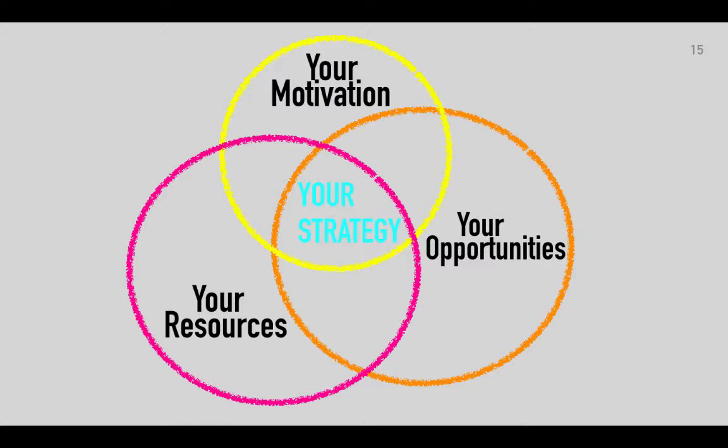So if your strategy is created in the place where these three things intersect, you will have a business strategy that you love, because it will be linked to your motivation for starting a business in the first place. Your strategy will also be one that you have the capacity to implement, because it will be based on actual resources that you have available to you.